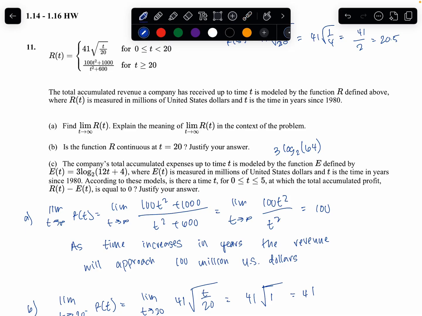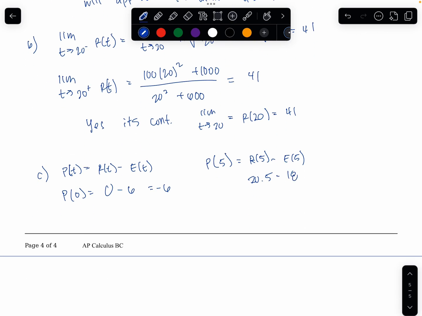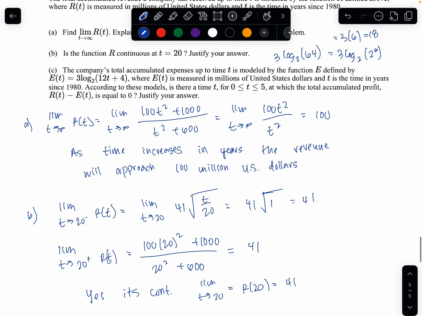I know 4 to the third is equal to 64, and 4 is equal to 2 squared, so that's going to be equal to 2 to the 6th. So that's 3 log base 2 of 2 to the 6th, which is 3 times 6, which is equal to 18, so minus 18. And that's going to come out to be equal to 2.5.